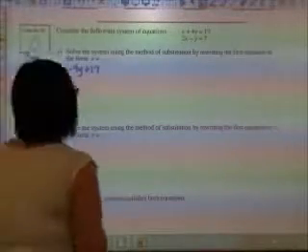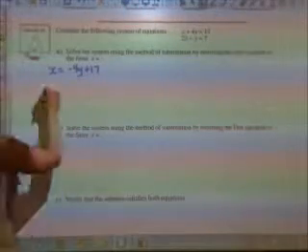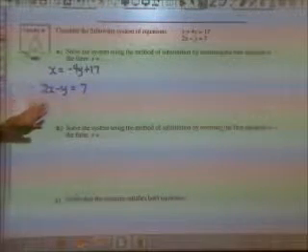Now if I look at this second equation, the second equation being 2x minus y equals 7. Well, if the two equations are solved, that means that they have a common point, which means the point that I put into this equation would also fit into this equation. So what it means is I can do a substitution.